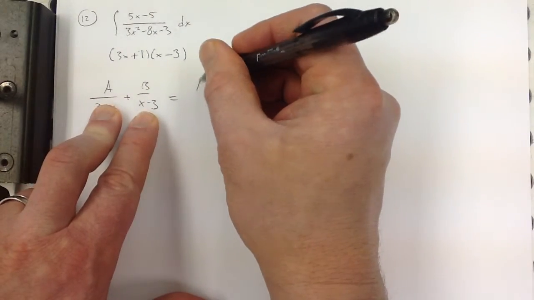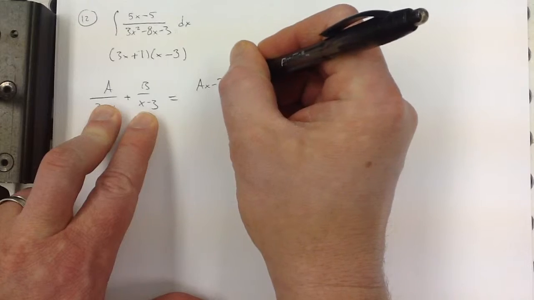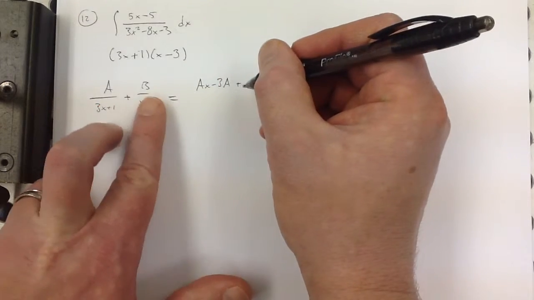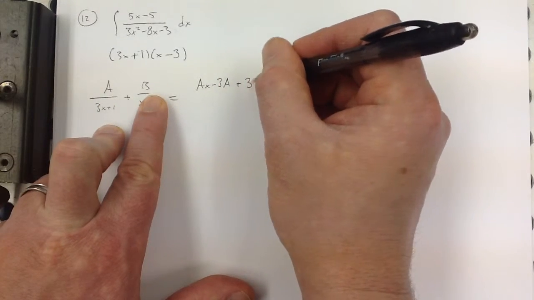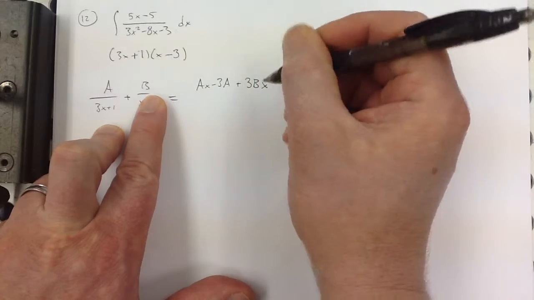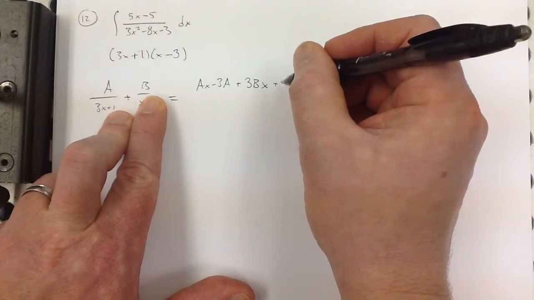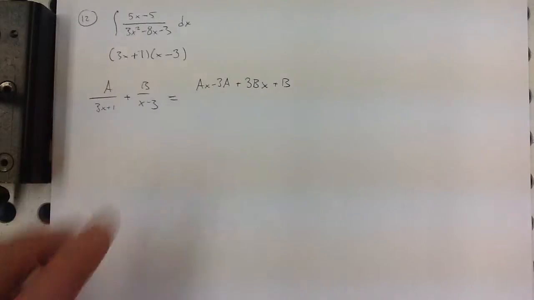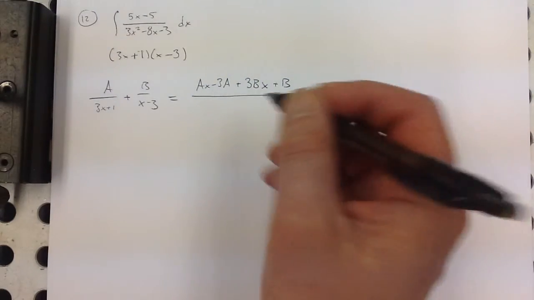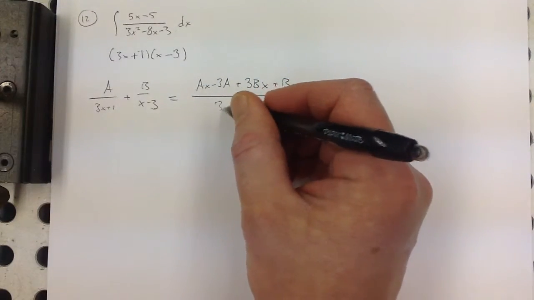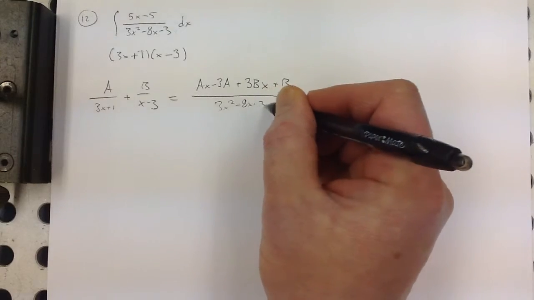So that would be ax minus 3a plus 3b times x plus b, all over my common denominator, 3x squared minus 8x minus 3.